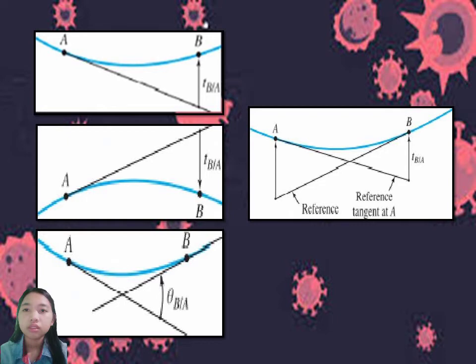The third picture shows us a positive change of slope, counterclockwise from the left tangent. On the right side, it shows the tangent at B and the tangent at A.